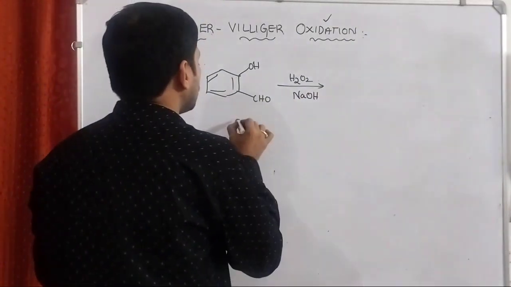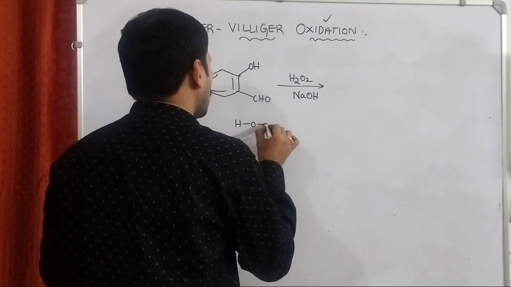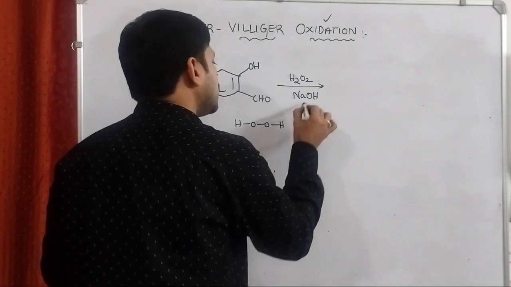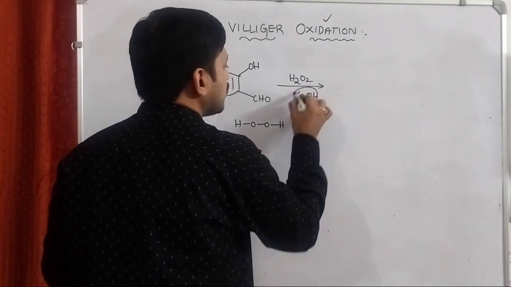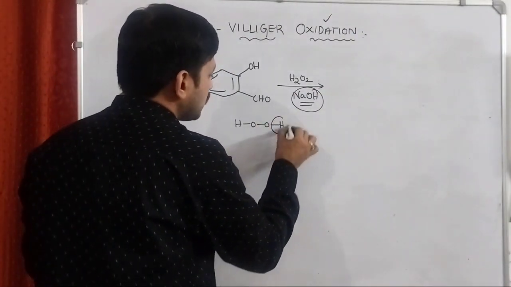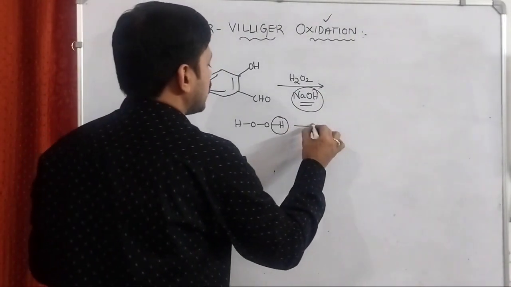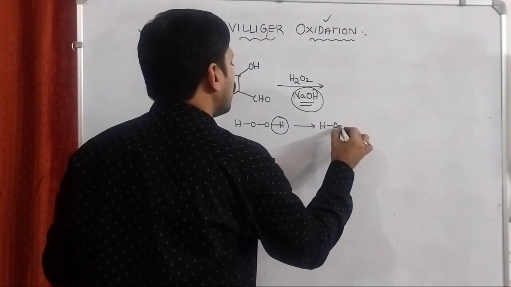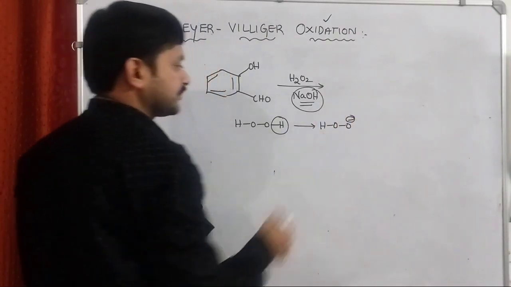Already we know that H-O-O-H is going to be treated with base. The base can remove this proton and generate HOO minus.